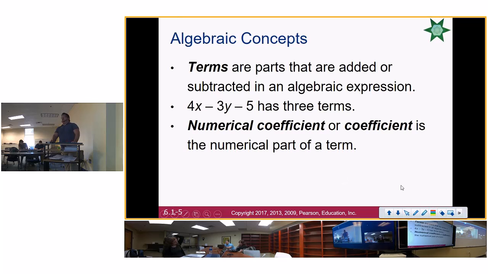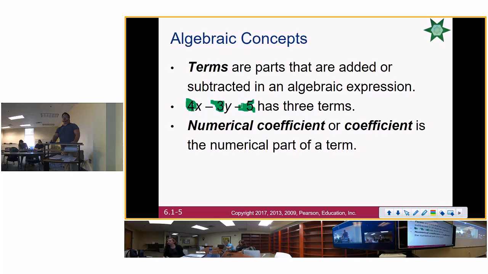A numerical coefficient. That's these guys. Let me get my handy dandy highlighter. And here are your numerical coefficients. That's 4, a negative 3 or a 3 with a minus symbol in front of it, and a negative 5.